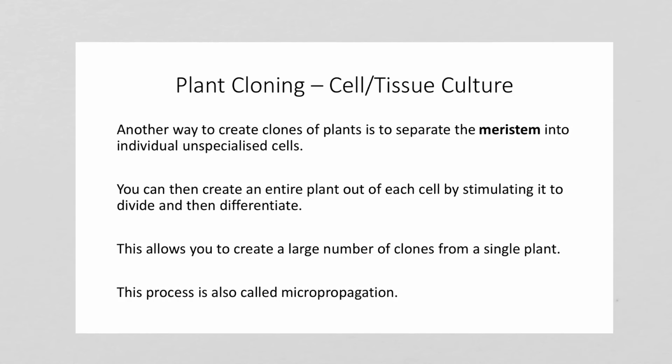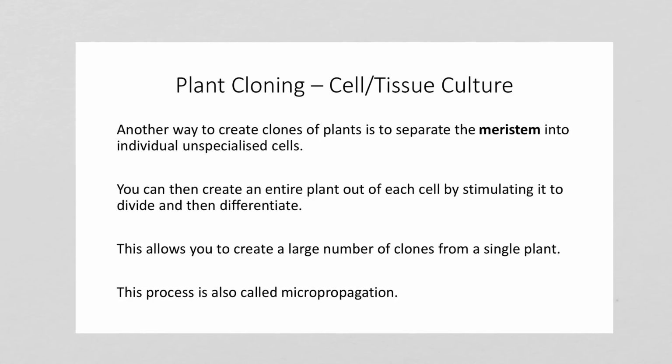So if you have that one meristem cell, that one unspecialized plant cell, it will start to copy itself. It will start to divide through the process of mitosis, make a whole bunch of unspecialized cells, and then those can differentiate to become the different parts of the plant. You couldn't really do this in the past because there was no way of being able to separate the meristem into individual cells.